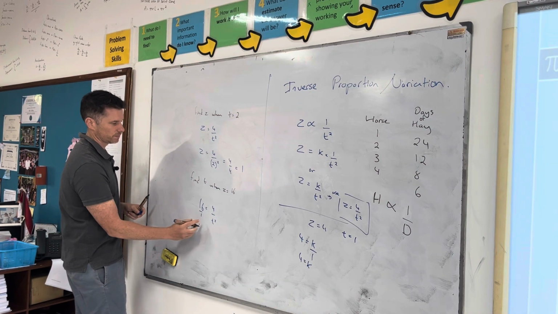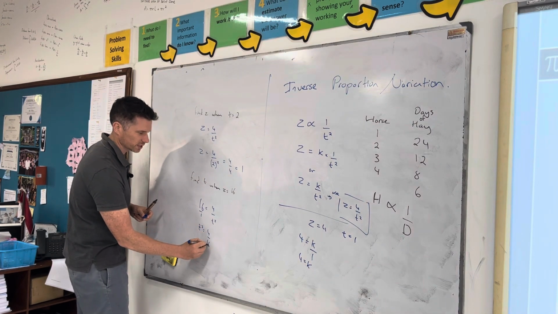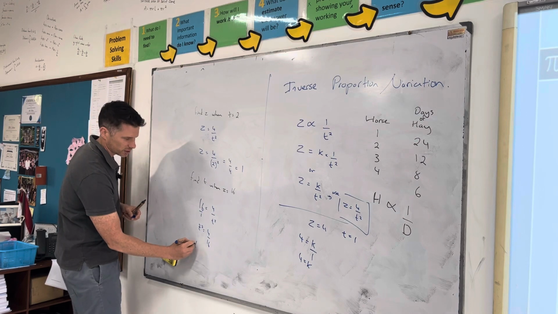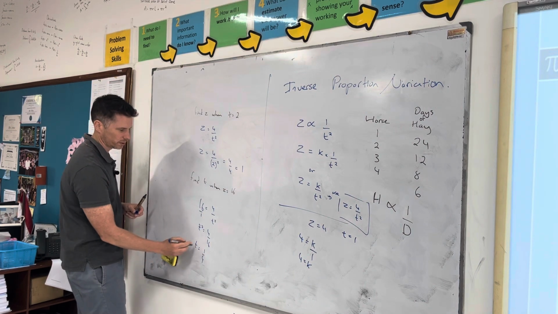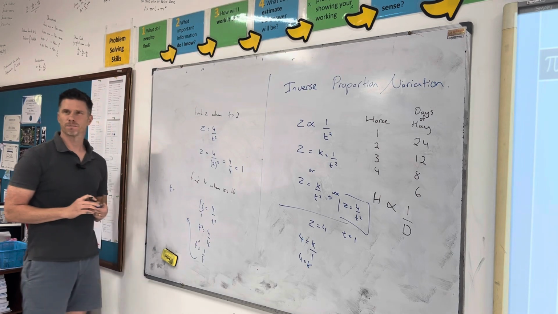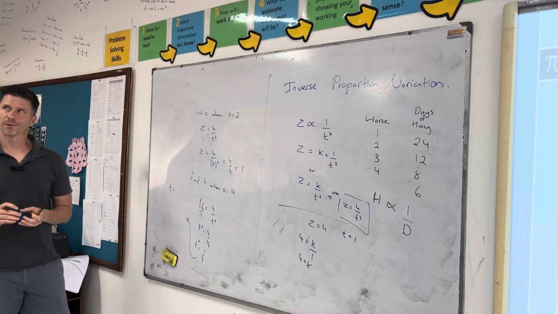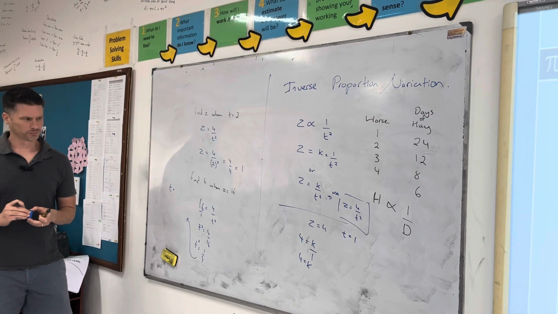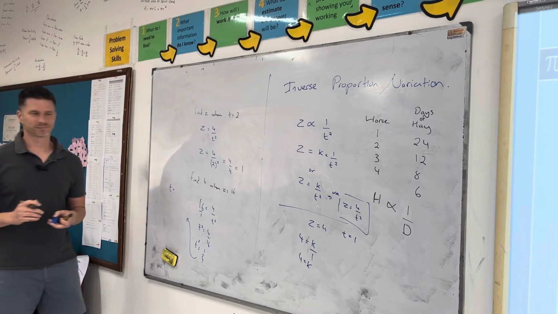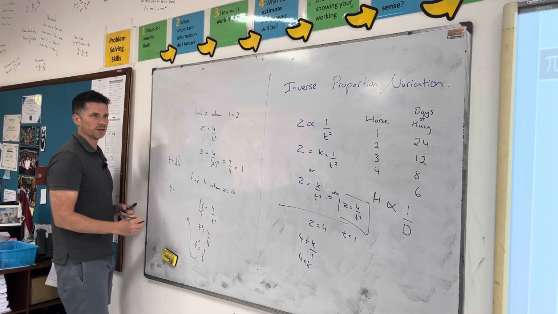So I get t squared is 4 over 16, which is t squared is equal to 1 over 4. What's t then? What's the square root of a quarter? Okay, so t would be root 1 over 4.